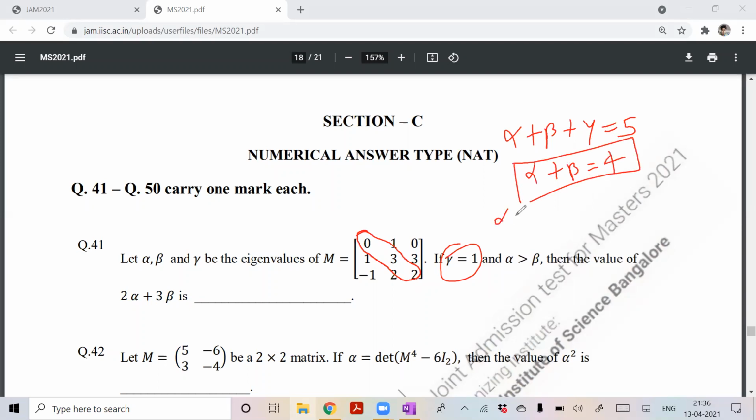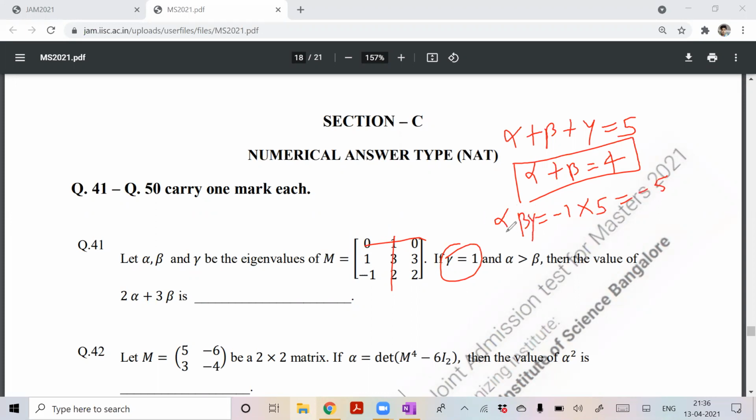And we know the product of eigenvalues is equal to the determinant. So the determinant of M we have to find. Opening along the first row, we get minus 1 times this row, so it is 2 plus 3, which is 5. That is minus 5, so minus 5 is the determinant of this matrix.